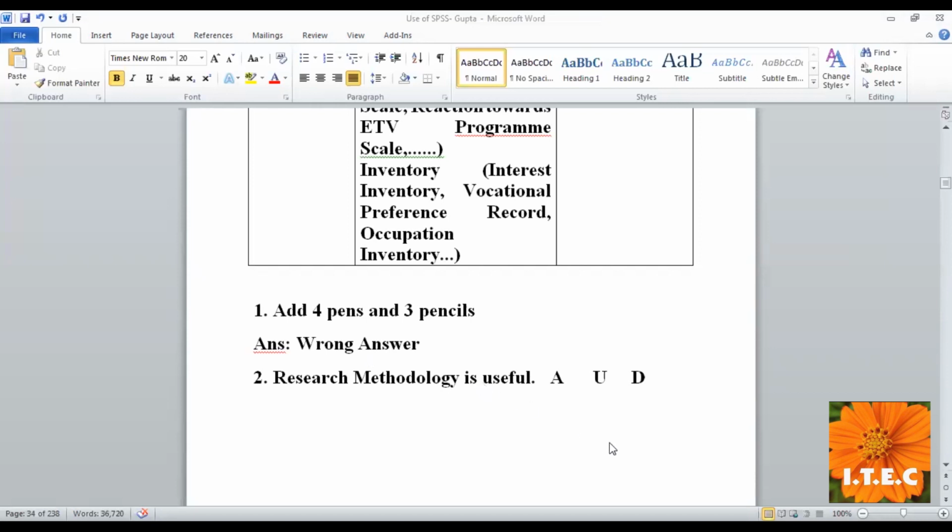Research methodology is useful. Give me the response for item number 2.